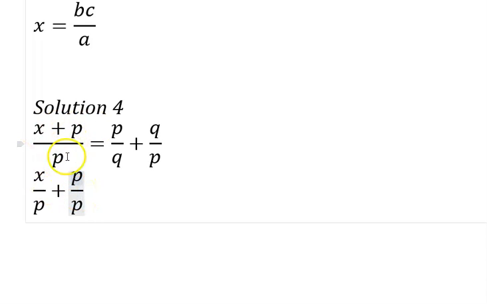This X plus P over P is the same thing as X over P plus P over P, because if you look for the LCM of this P and P, the LCM is P. So if you say P goes in P, it will give you 1. 1 times X, it will give you this X. P goes in P, it will give you 1. 1 times P, it will give you P. So if you are having the same denominator, just pick 1 and add what you have here. So it is still the same thing.